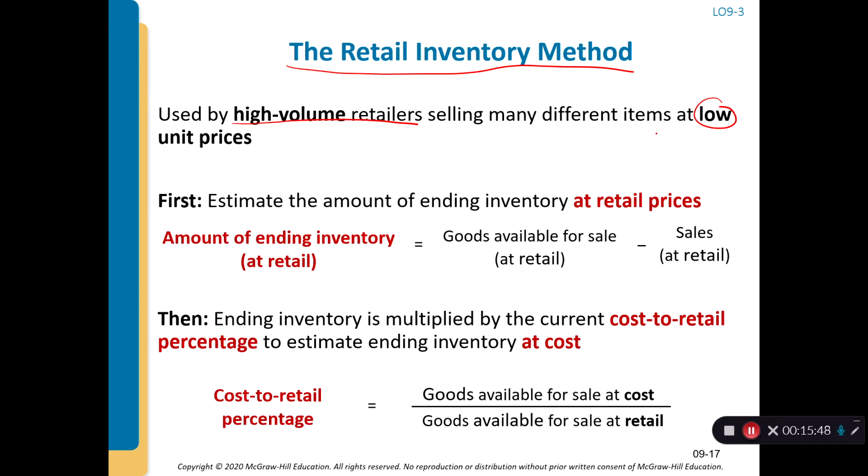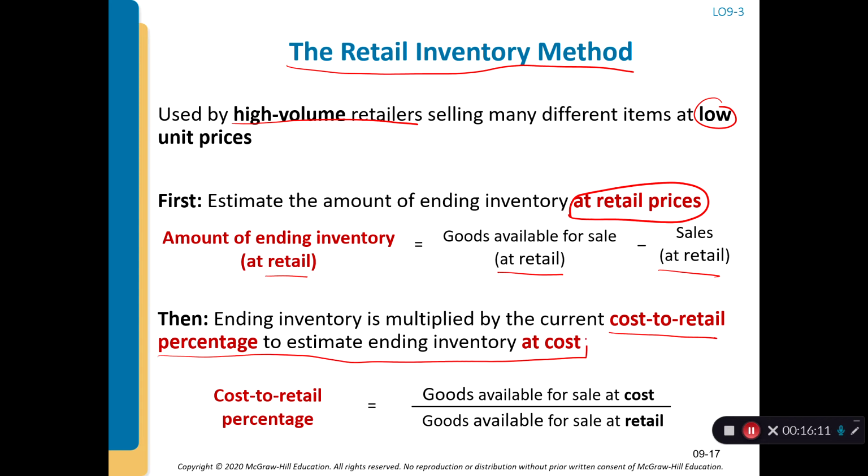So what we do is first estimate the amount of ending inventory at the retail price. The amount of ending inventory at retail price must equal goods available for sale at retail price minus sales at retail price. And then ending inventory is multiplied by a cost to retail price ratio to estimate ending inventory at its cost. And the cost to retail percentage equals goods available for sale at cost divided by goods available for sale at retail price.